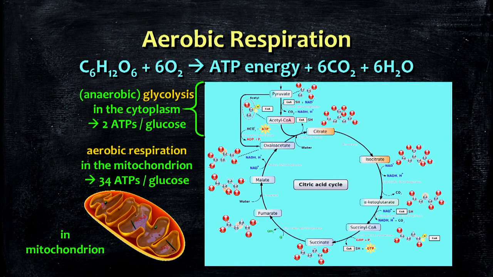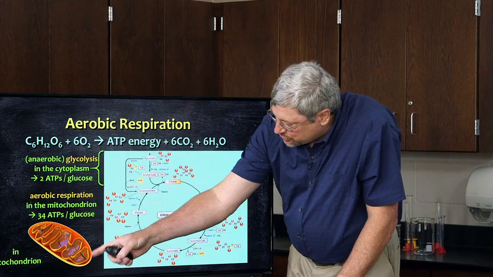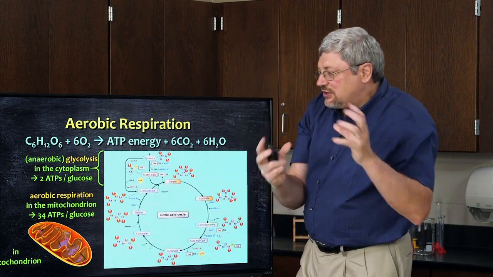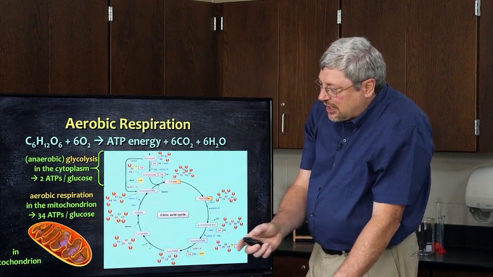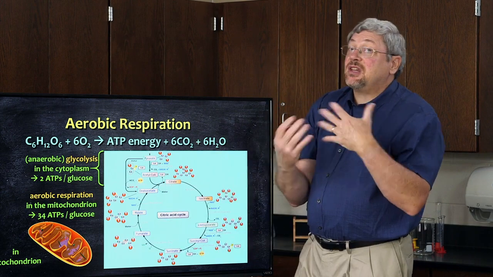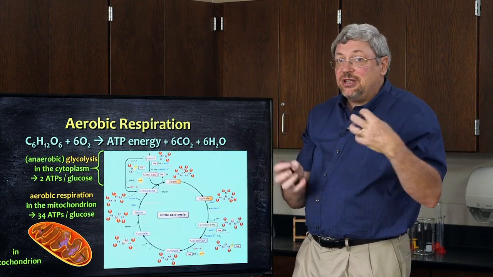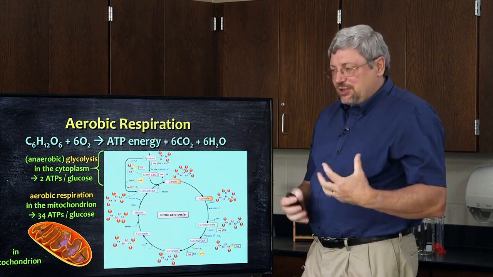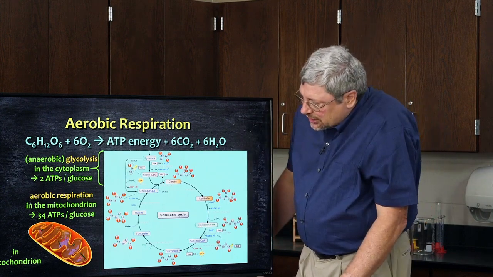Remember, the mitochondria is that kidney bean-shaped organelle that has two major membranes, an outside membrane that gives the mitochondrion its outside shape, and then an inner membrane that's got lots of surface area folded, giving room for all of these molecules to have places to be located.